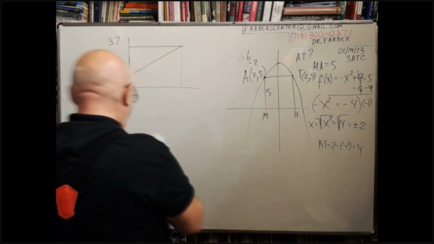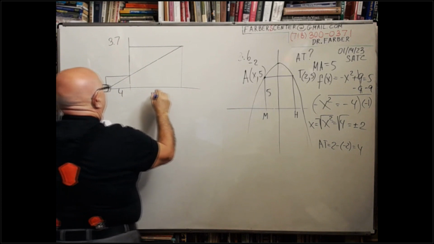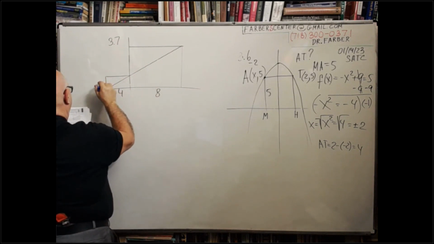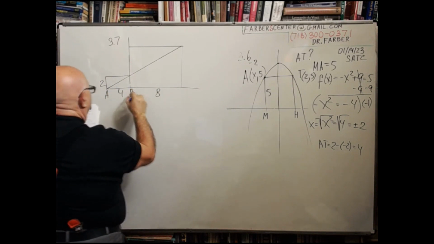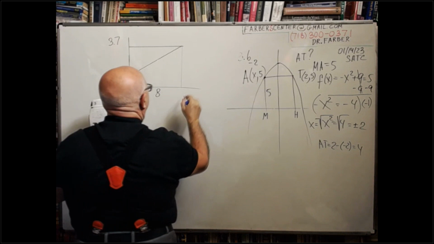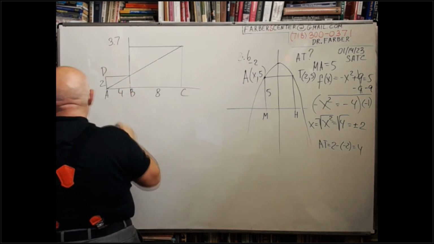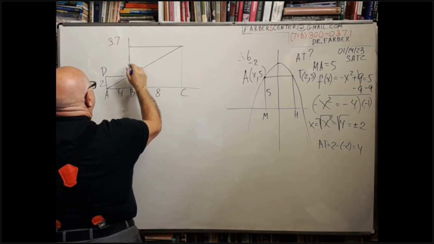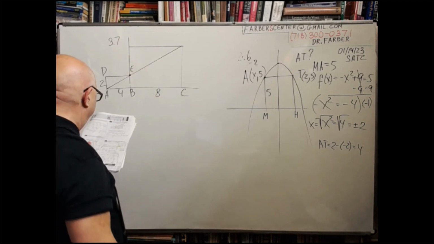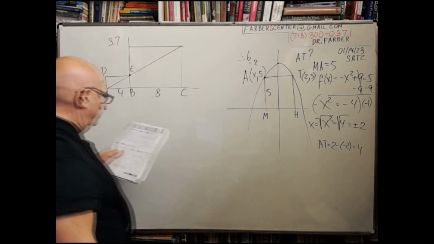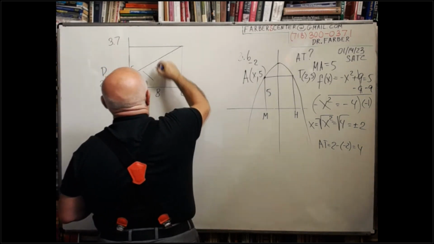Now specify letters they have here and dimension. This is 4, this is 8, this is 2, this A, B, C, D, let's say E. When you made a picture, this rectangle, BC equals 8, what is the area of shaded? And this part is shaded.